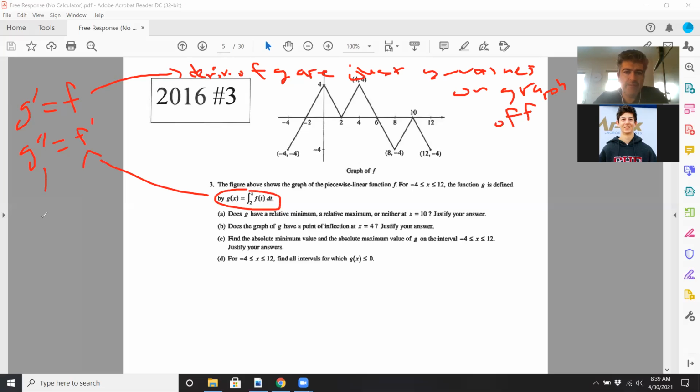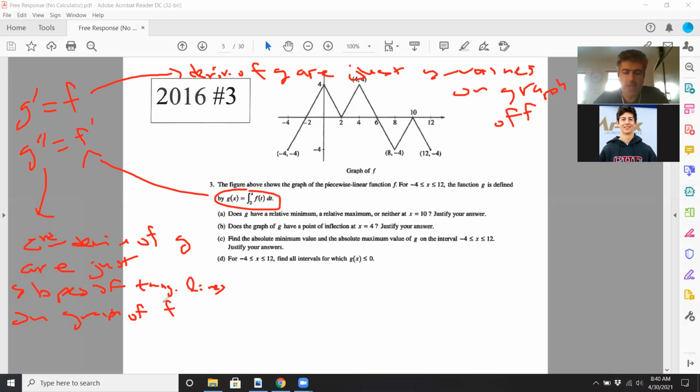This means that the second derivative of g are just the slopes of tangent lines on graph of f. So that is kind of the whole basis for doing these problems. Excuse me, I'm still shaking a cold here.